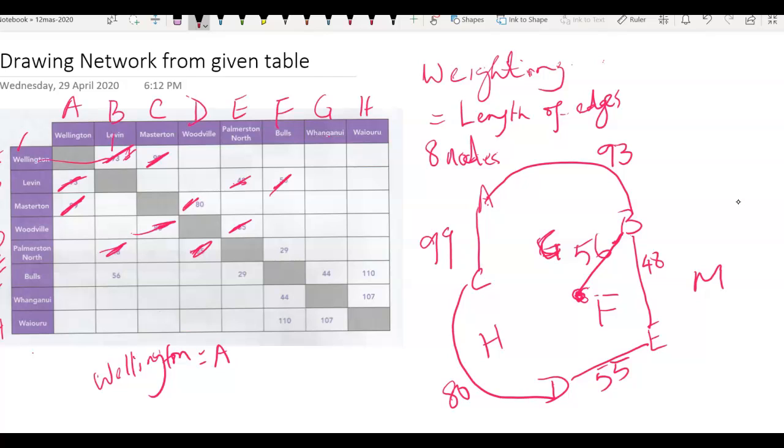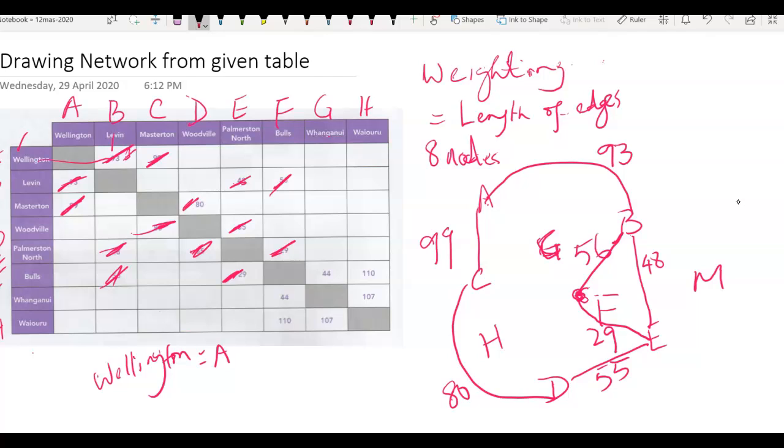Now B and F is 56. That's gone too. And now I'm left with E and F. Let me see. Have I done it? No. So I need to connect those, and the weighting is 29. Okay, now that will go perhaps.